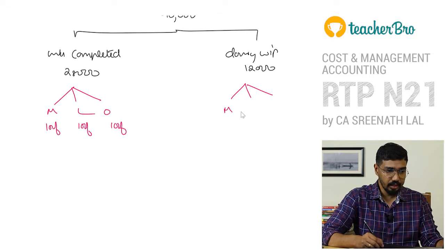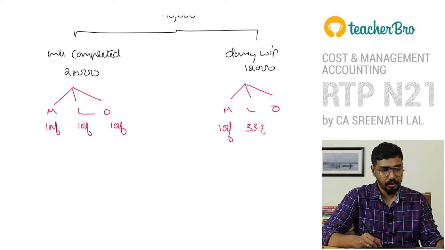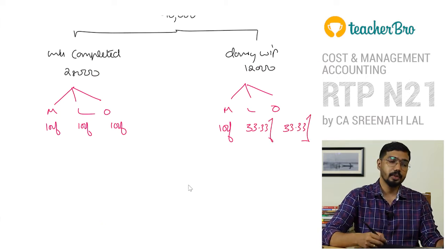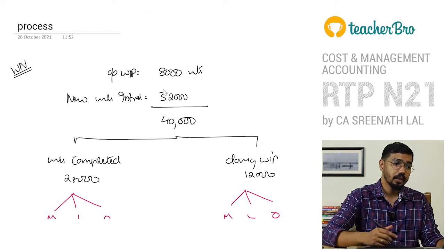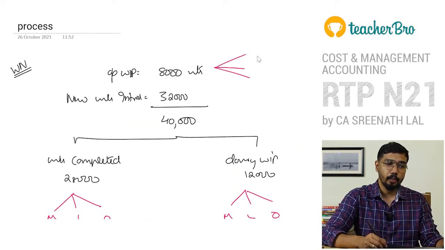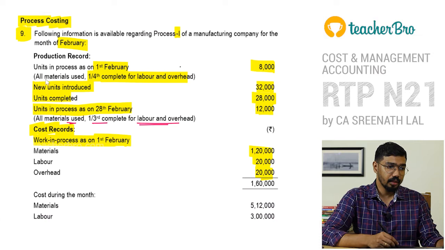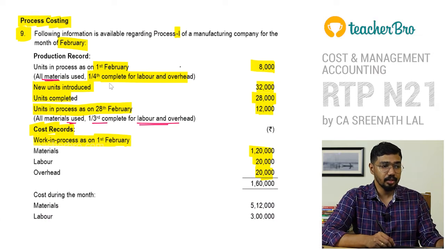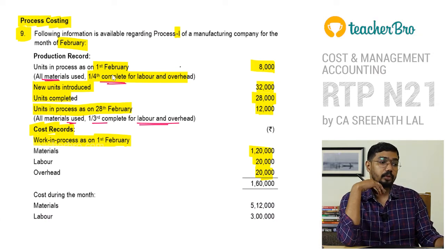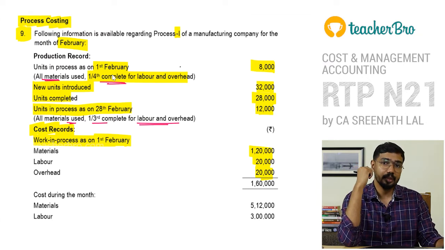So material 100%, labor 33.33%, overhead also 33.33%, right? So actually the completion percentage of opening WIP is given. It is given that materials 100% used and labor and overhead are 1/4 complete, which means 25% complete.